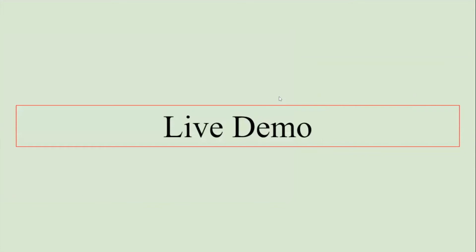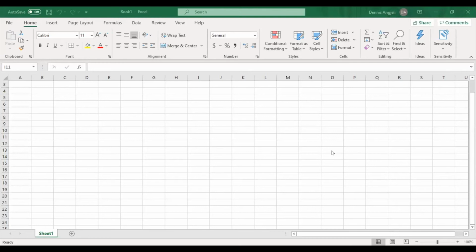And so now we're going to go to a live demo on how to use Microsoft Excel. So this is Microsoft Excel, just how I said earlier. So let's say we wanted to create a new spreadsheet, so let's start with that.